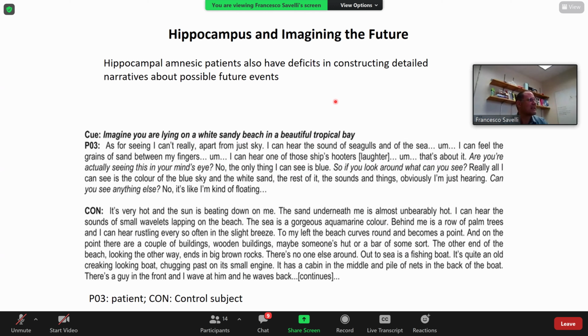Here they asked: imagine you are lying on a white sandy beach in a beautiful tropical bay. The control participant gives a nice description. But the person with hippocampal amnesia, when you read it, is very fragmentary. It's poor, it shows poor imagination, lack of detail.